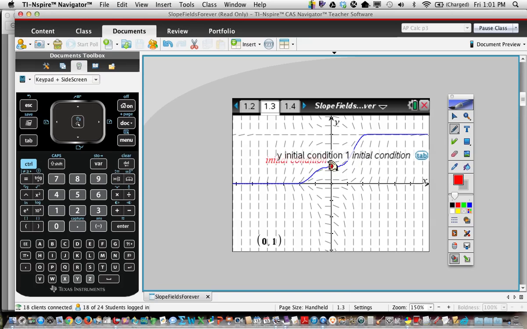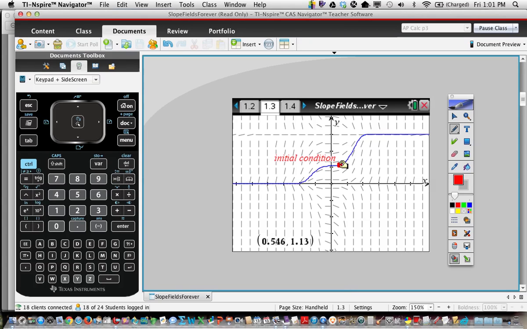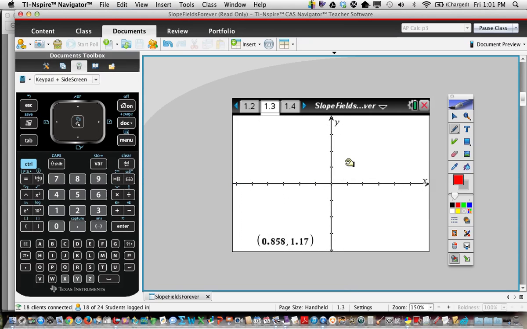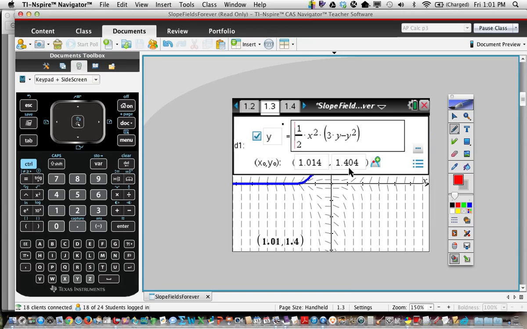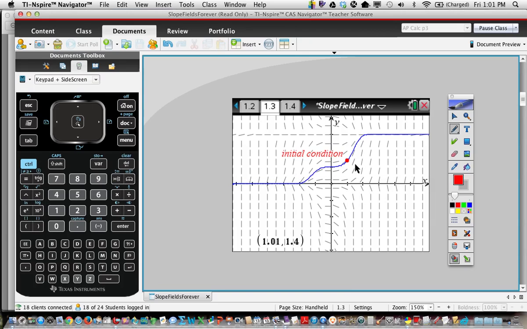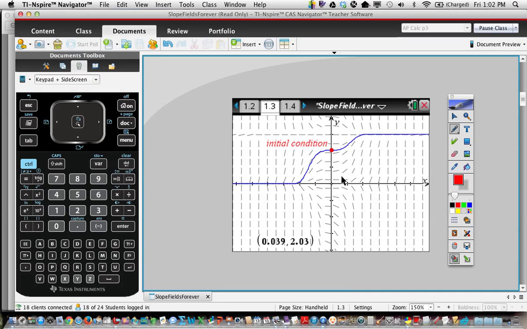Now, if you can grab this, they tell you to describe your observations. Yours is going to go a little slower than mine probably, since mine's redrawing faster than yours. But the point is, when you move the initial condition to somewhere else, that changes what the potential solution curve looks like.